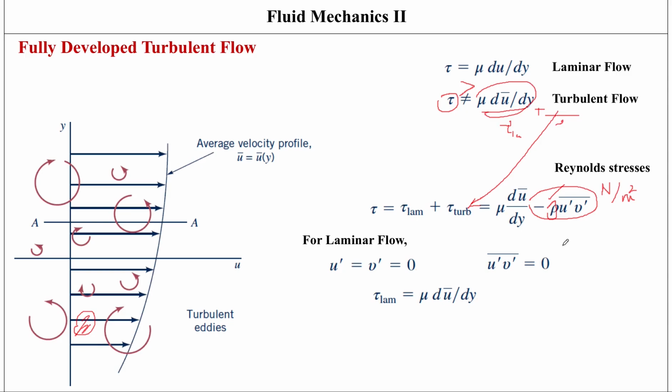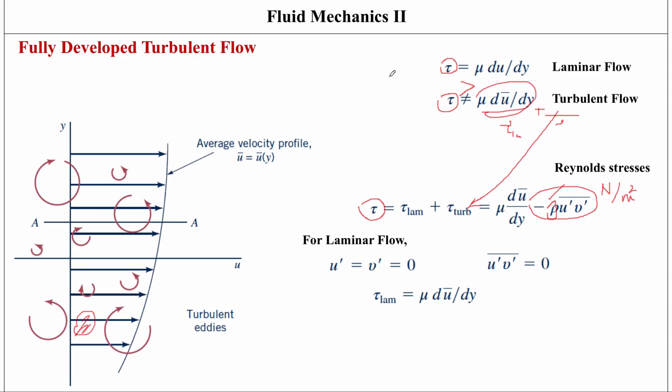But the thing is that this expression here, it's hard to determine these Reynolds stresses. It's hard to determine their values. So we need some other expression. We'll move on to that in a minute. But before I move on to that, I want to show you what this shear stress is going to look like graphically, because we've already seen that this has a linear relationship.